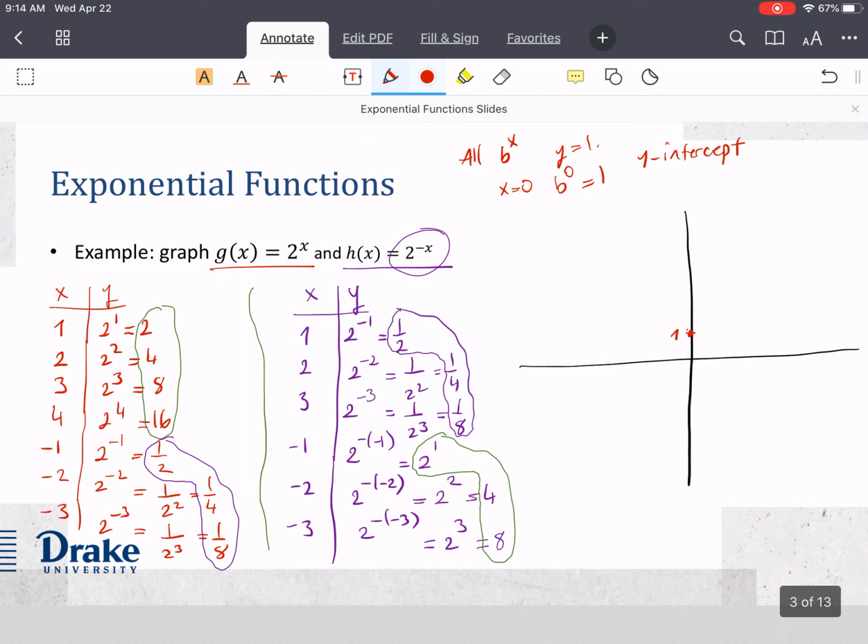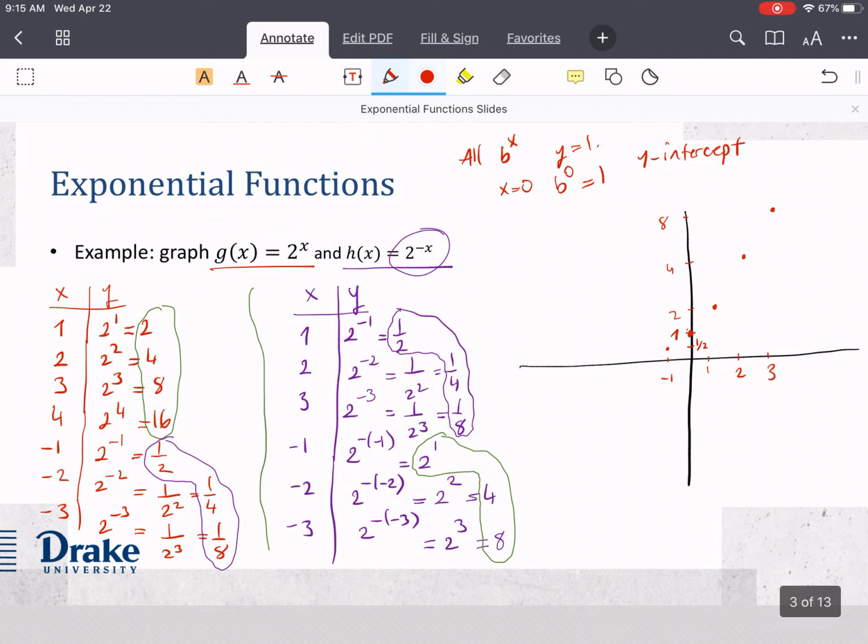So the first graph will be when x is 1, y is 2. When x is 2, y is 4. When x is 3, it's 8. So I'm just going to show a few points here. When x is negative 1, it's going to be 1/2.